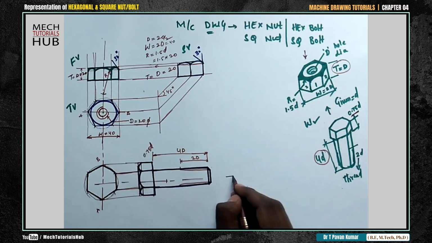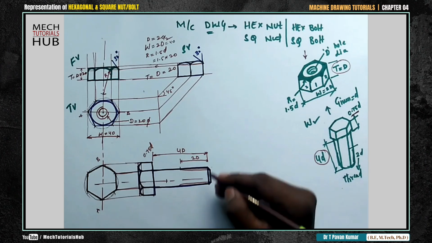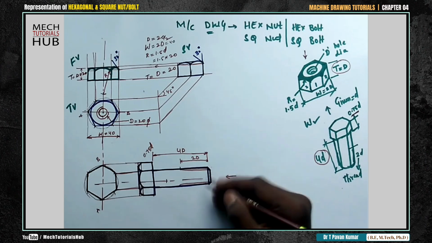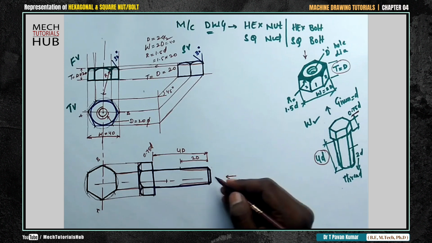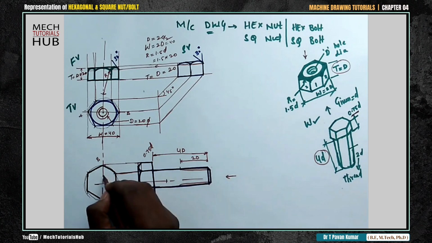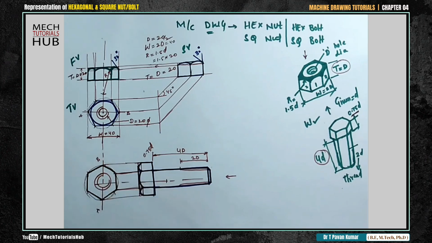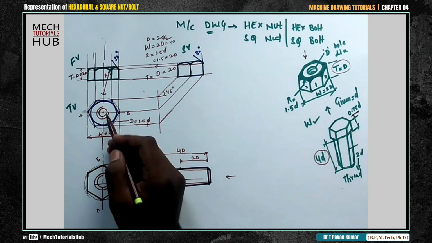If this is the position of the observer, then you could see a circle also, a circle of diameter d. In that case, you need to draw a circle followed by one more circle up to 75%. Initially in case of the nut we drew a 75% external circle.